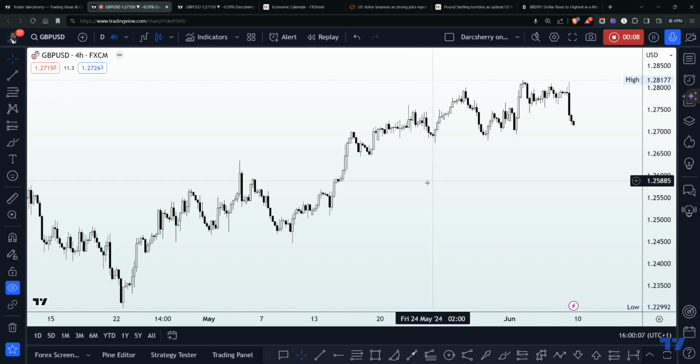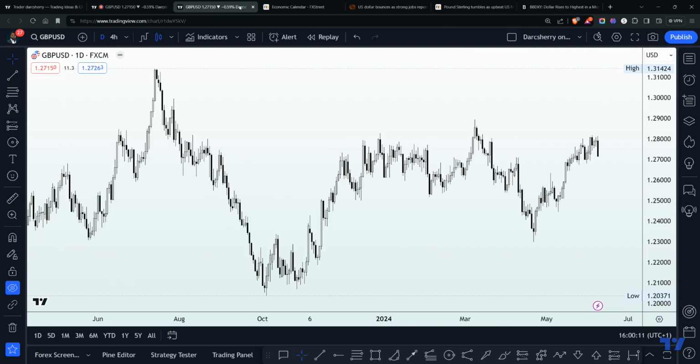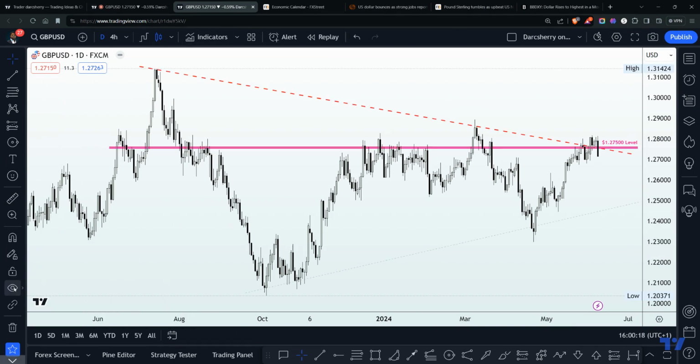In the last 2 weeks, the British pound has struggled to break through that descending trend line we identified on the daily time frame. Remember, we've had this trend line marked out after connecting the series of lower highs since last year, July.